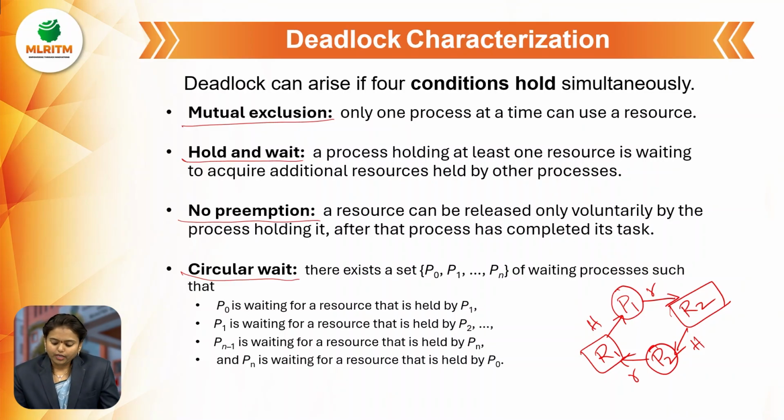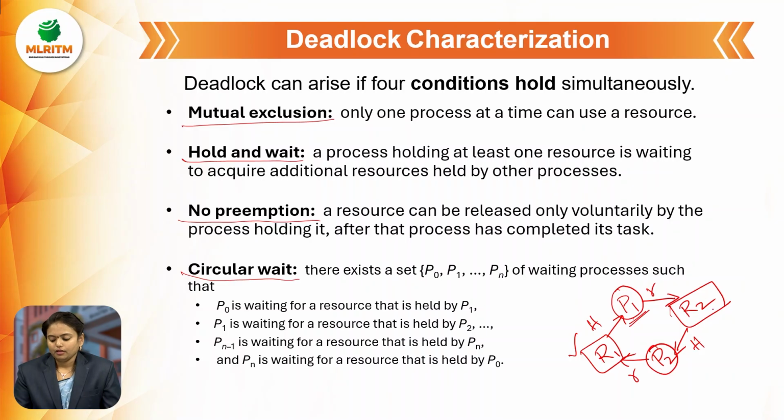Here, until and unless P1 executes, the resource R1 cannot be released by P1. So that means this resource is not shareable. It is not shared for any other processes. Here, other process means P2.